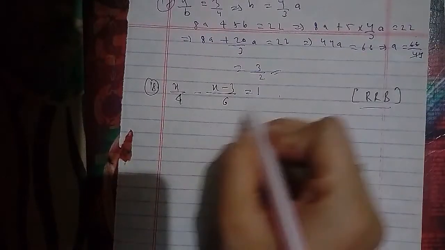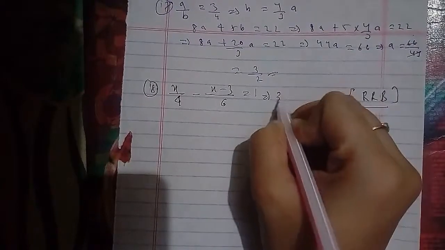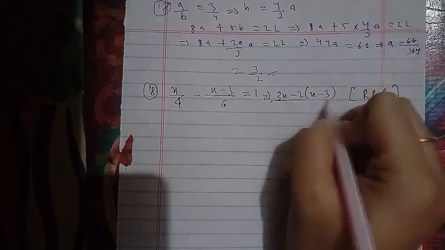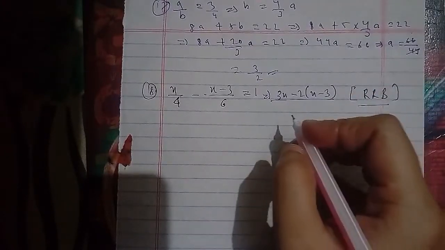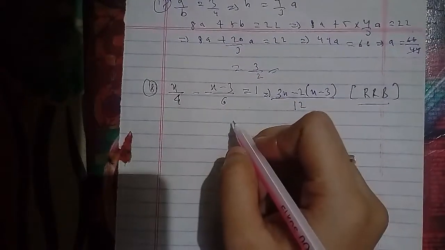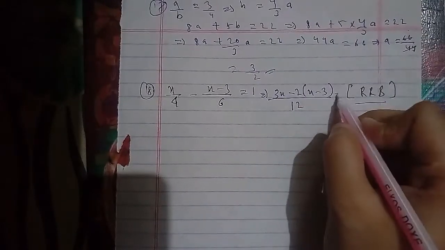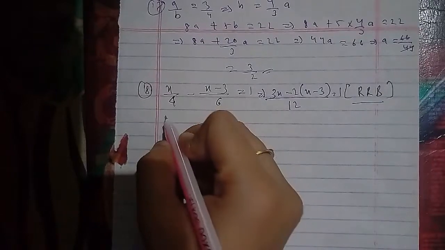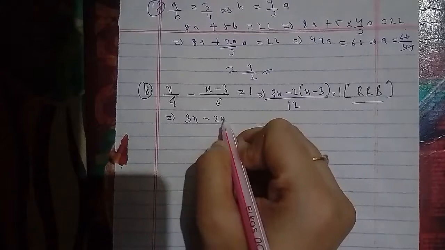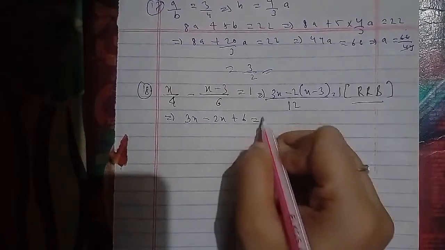So we can say that 3x minus 2 (x minus 3) upon 12, where we take the LCM of 4 and 6 as 12, equals 1. For that we have 3x minus 2x plus 6 equals 12.